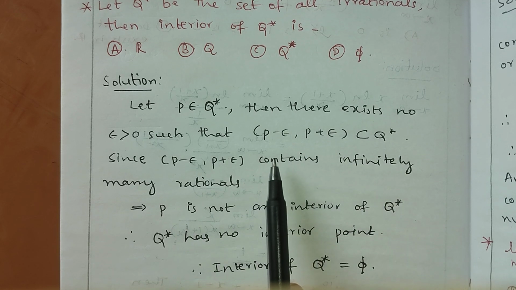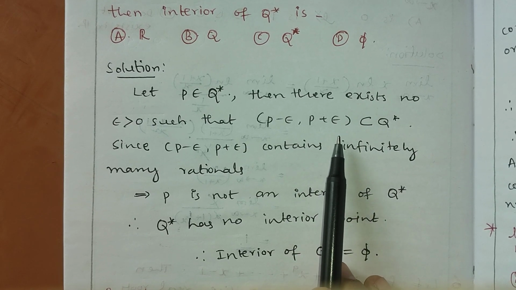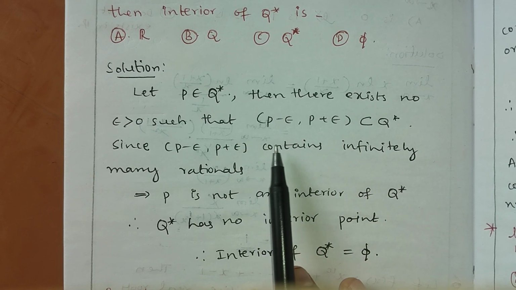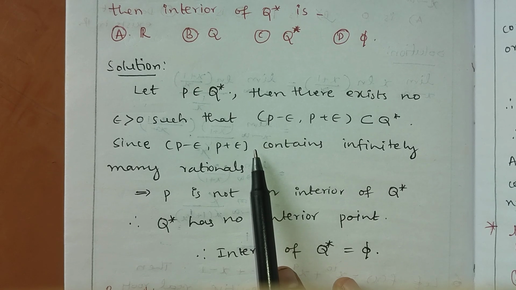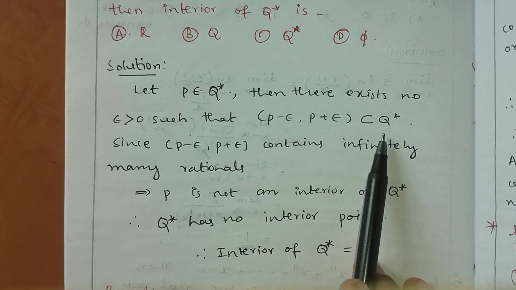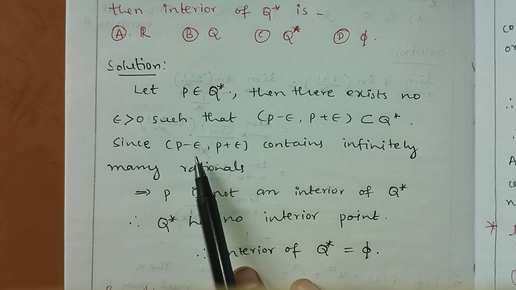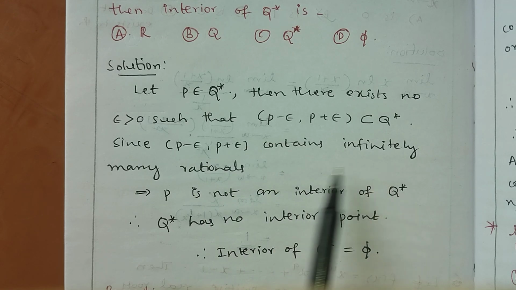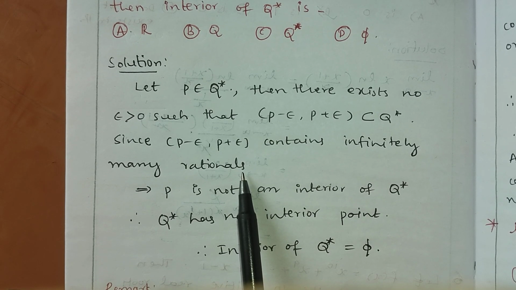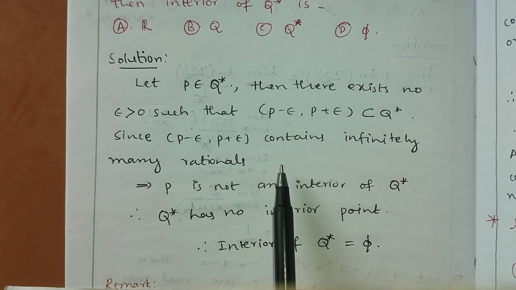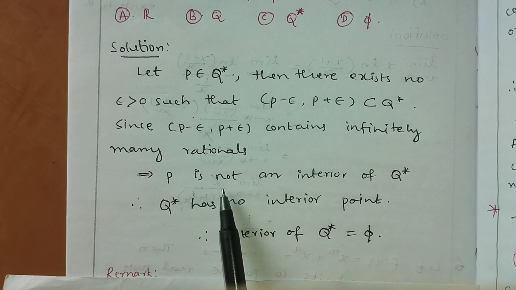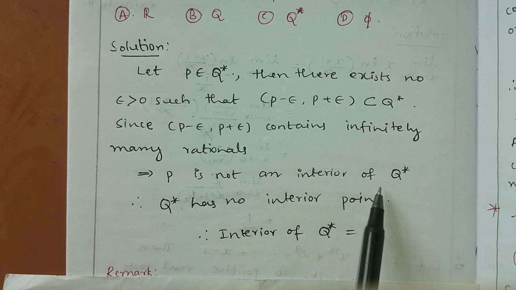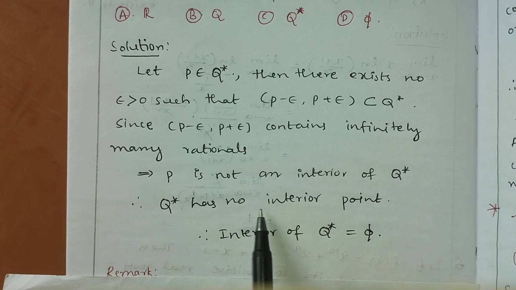Here (P minus epsilon, P plus epsilon) is an open ball, and we cannot get such an open ball completely contained in Q star, because the interval (P minus epsilon, P plus epsilon) contains infinitely many rationals. Between any two irrational numbers, there is a rational number. Therefore, P is not an interior point of Q star. Therefore, Q star has no interior point. Therefore, the interior of Q star is empty.